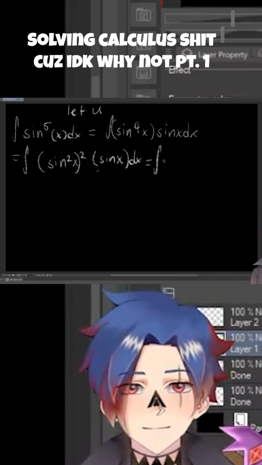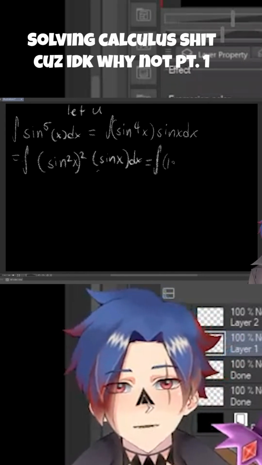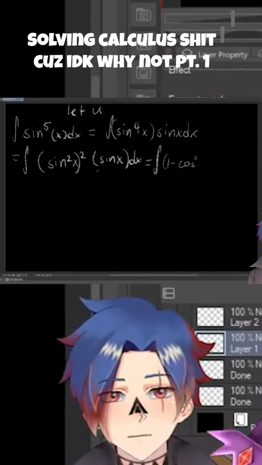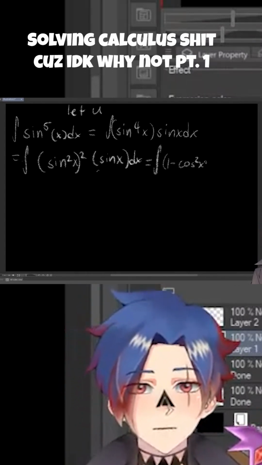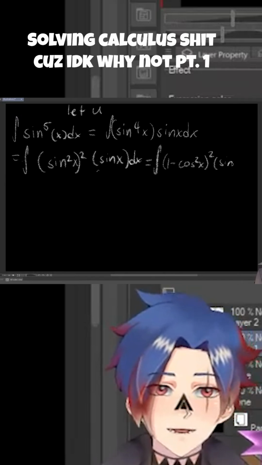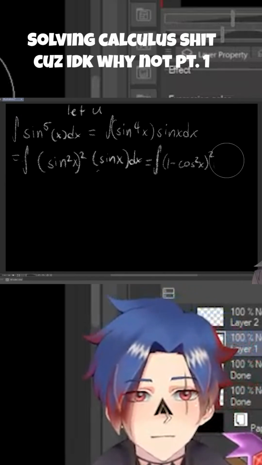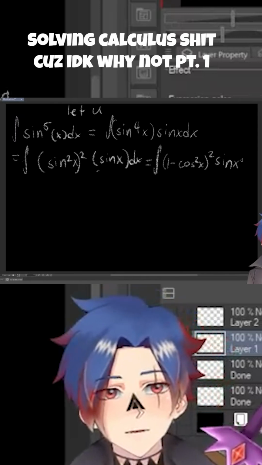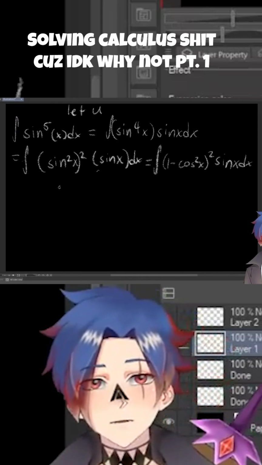But yeah. So as we remember, it was 1 minus cosine^2 x, squared, then times sine x dx. There you go.